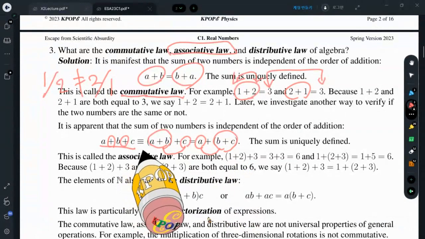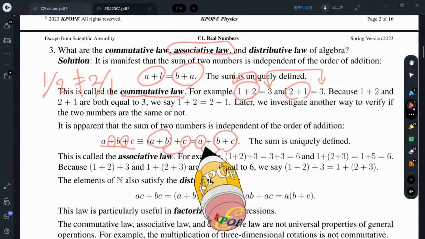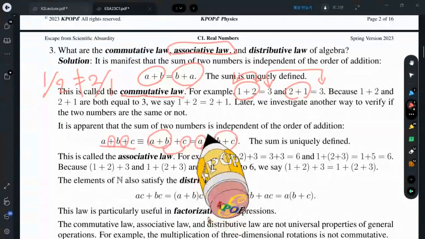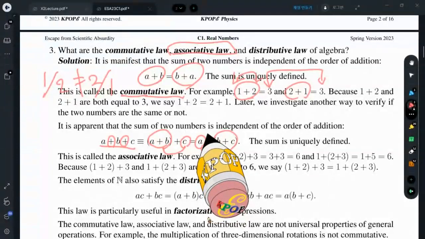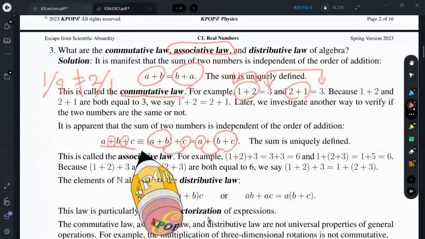How can we find this kind of rule? Can you give me any answer? It is based on the experience from our life. Mathematicians generalized our experience to make an abstract logical system.